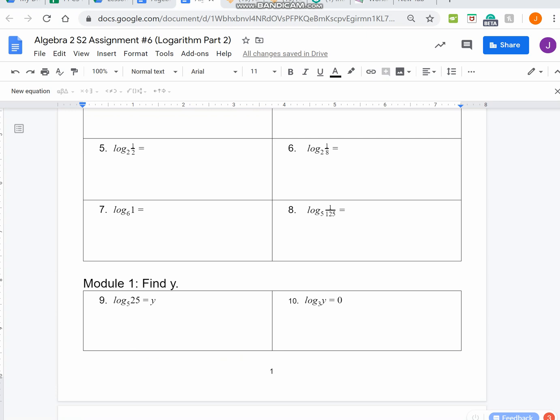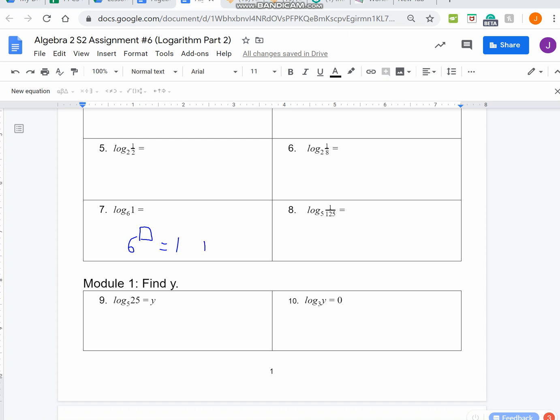Before I move on to number 9, which is module 1, I'm going to ask you to think of number 7. Number 7 is very important. When you have 6 as in base, and actually the base doesn't matter, what do you have to have as an exponent so that you can end up with 1? What 6 to the power will give you 1?